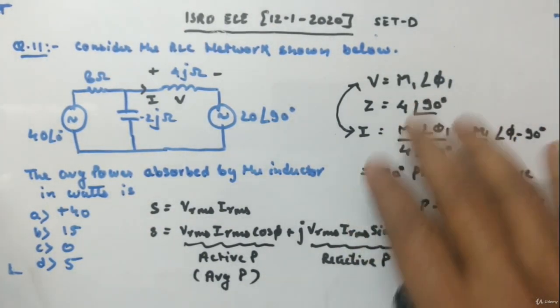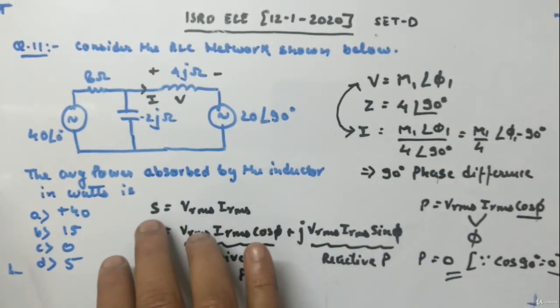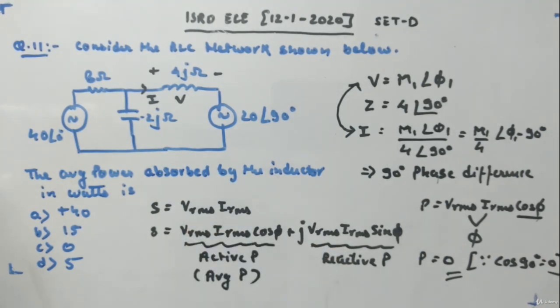Now come here. S is equal to Vrms Irms star. The complex power is equal to the RMS voltage times the RMS current conjugate. If you separate it into real and imaginary parts, it is Vrms Irms cos phi plus j Vrms Irms sin phi.